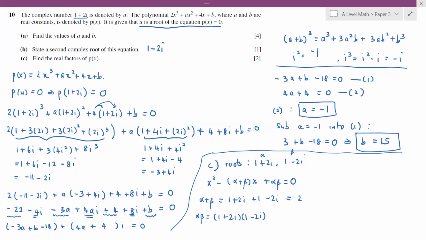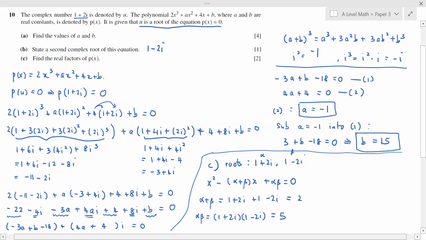That is just a difference of squares, so we have a value of 5 here. The quadratic factor that we have is x squared minus 2x plus 5.